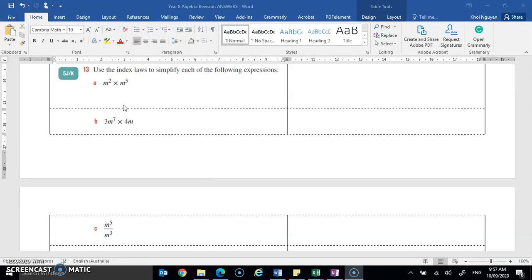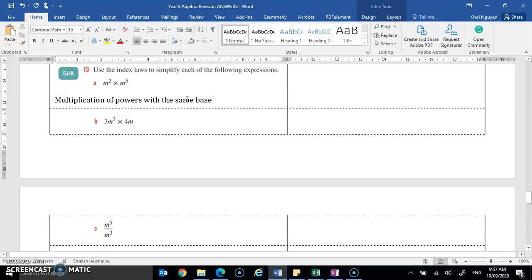Okay, so first we have m squared times m to the power of 5. So what we have here is multiplication of powers with the same base. Remember, the base here is the letter m, and the power is the one at the top.